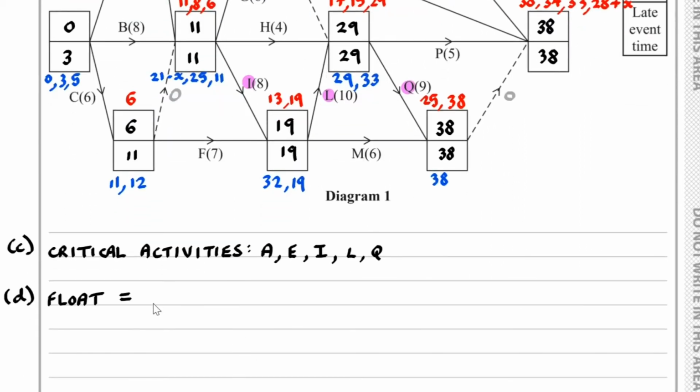So for the float time, we have 38 minus X minus the 11 minus the 17. This is equal to 4, because we know that the float time is equal to 4, and if we solve for X, X is equal to 6.